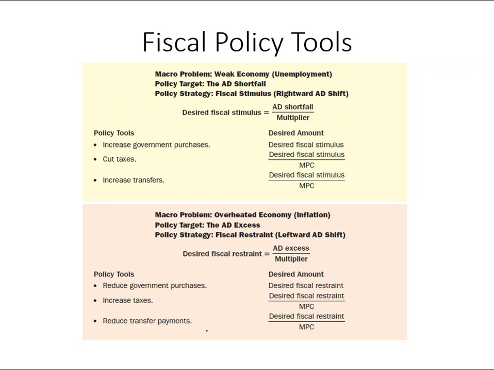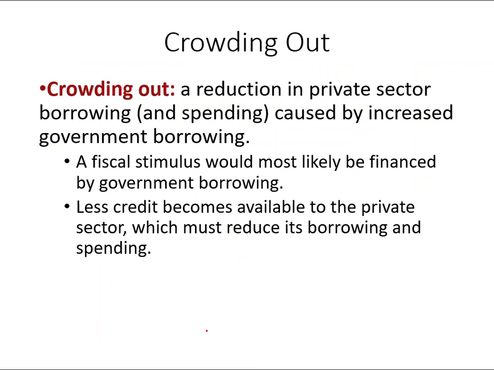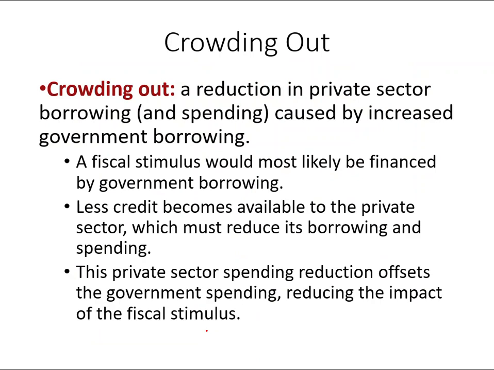Next, we'll discuss the weaknesses of fiscal policies that the policymaker has to be aware of. First is called crowding out. Crowding out is a reduction in private sector borrowing and spending caused by increased government borrowing. Why does this happen? The fiscal policy guidelines are a useful tool but neglect a critical dimension: how is the government going to finance its expenditures?